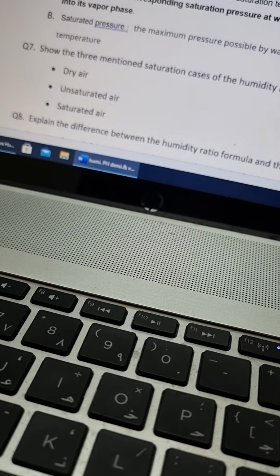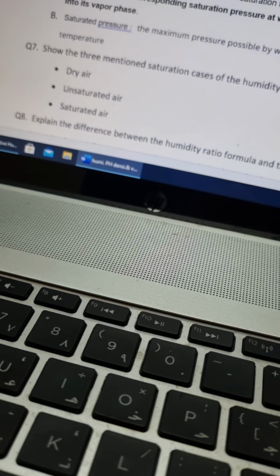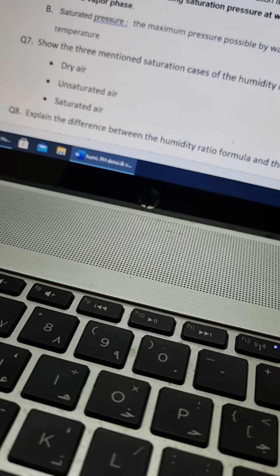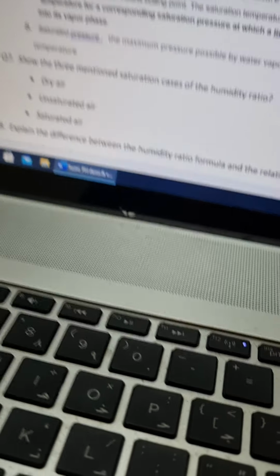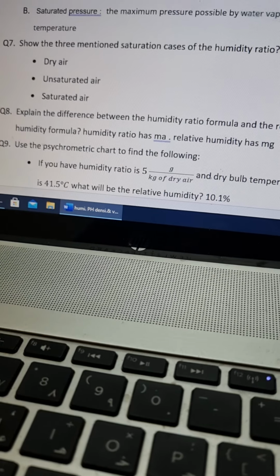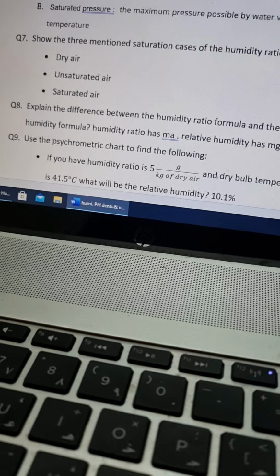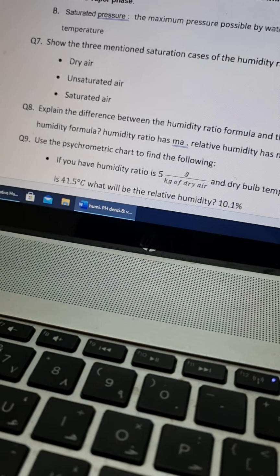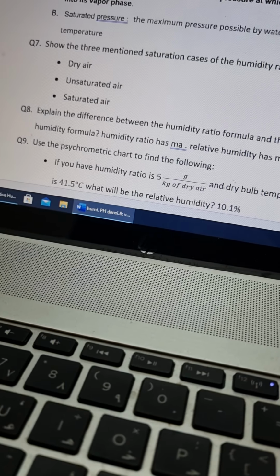Saturated pressure is the maximum pressure possible by water vapor at a given temperature. Show the method of saturation case. Okay, we have dry air and unsaturated air.